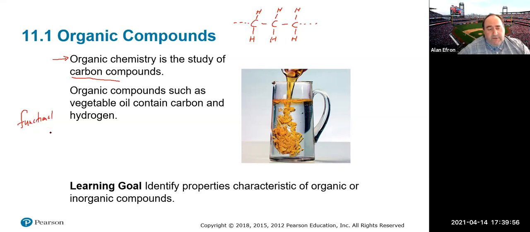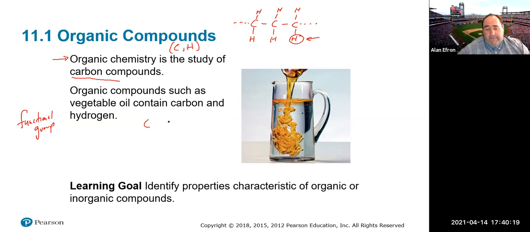Some of these different functional groups are made up of what occurs when we substitute out, get rid of some of these hydrogens. So along the way we will see carbon binding to other types of elements, but the basic organic guys are carbons and hydrogens.